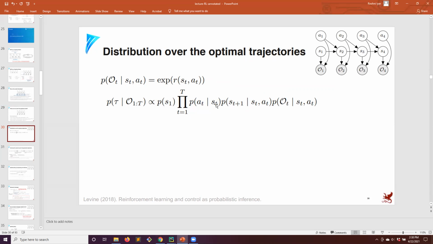This is the transition operator, and this is the probability that we have been acting optimally.